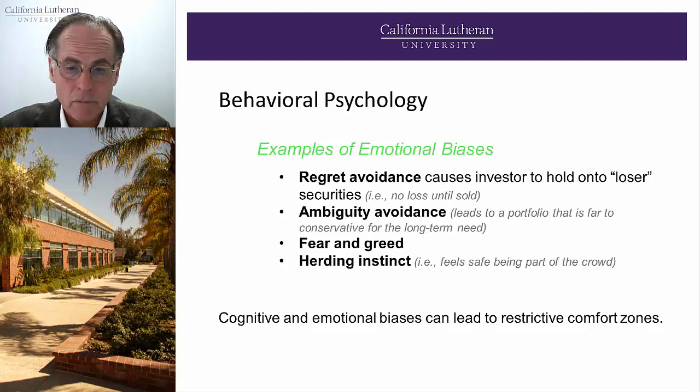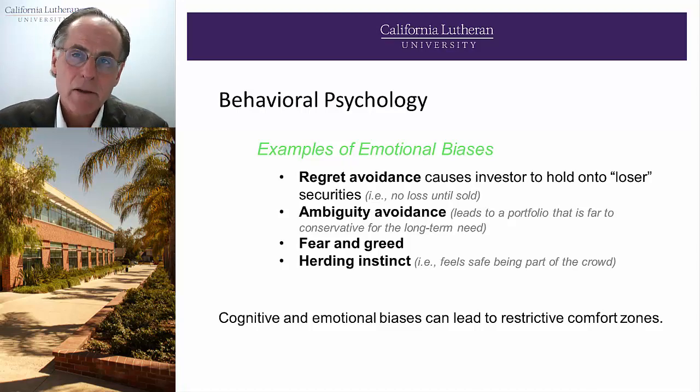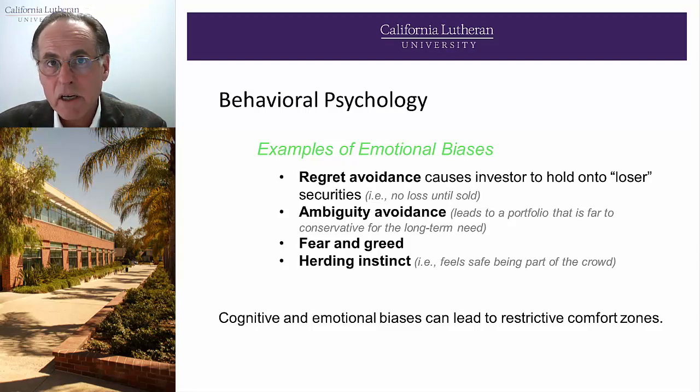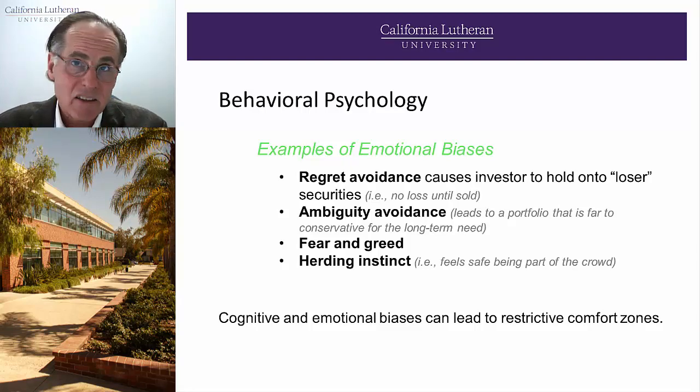Fear and greed. And the herding instinct, which causes individuals to feel safe when they are in a crowd or acting the same way as the majority. Do you see how these cognitive and emotional biases could lead to a restrictive comfort zone, and less than rational decisions.